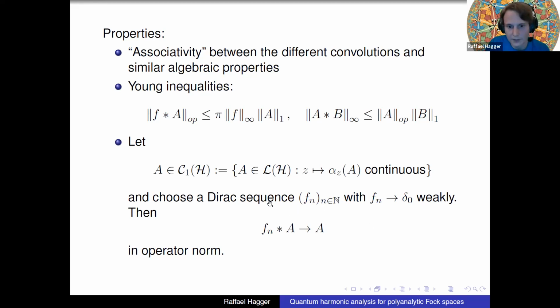Let's say you can take some Dirac sequence, which just means a sequence of positive functions which integrate to one and which converge weakly to the delta distribution. Then the convolutions with these f_n converge in operator norm to A. And this is really nice because these operators usually behave much nicer than a generic operator A. It's the same as when you mollify in harmonic analysis. It's really the same principle. You get something nicer here.